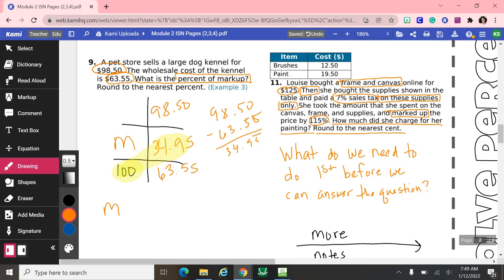So to find my markup percent, I'm going to multiply the two numbers that I have that are diagonal. Notice we're going a different route here. I'm going to do 100 times $34.95, and I'm going to divide by the number that's left, which is $63.55.